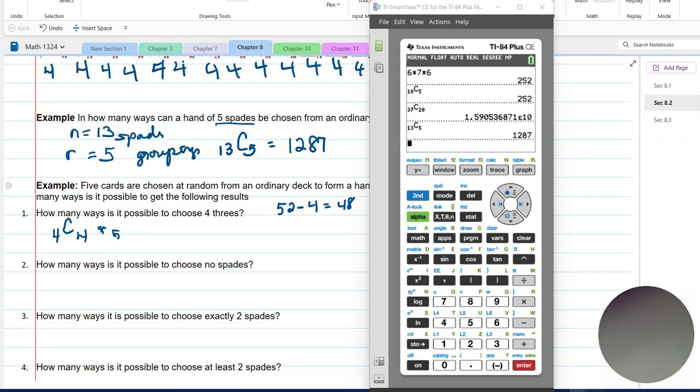How many ways is it possible to choose 4 threes? Okay, so we got all the threes times 48 choose 1, because these are all 5 cards. All right, so this would be a 1 times 48, and we would have 48 ways to choose 4 threes.